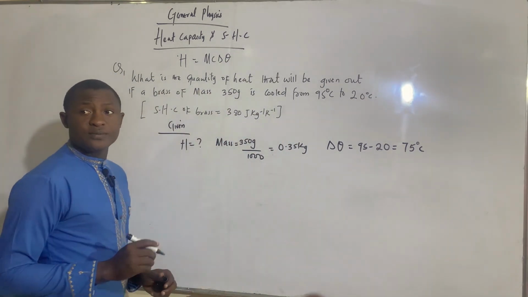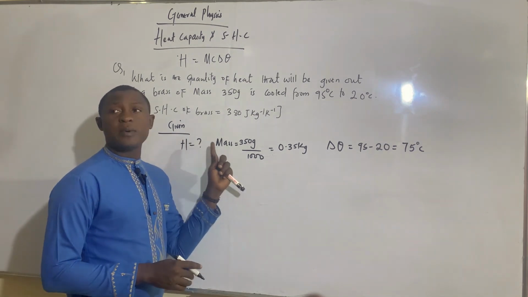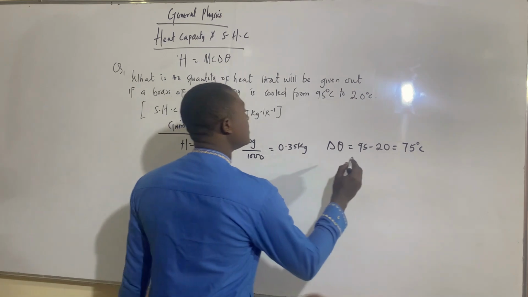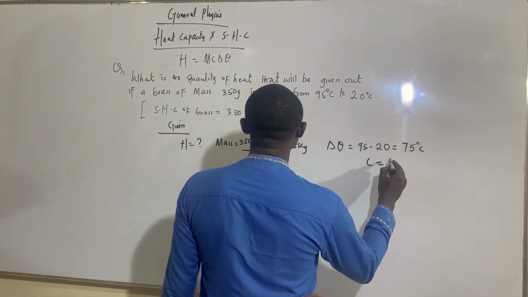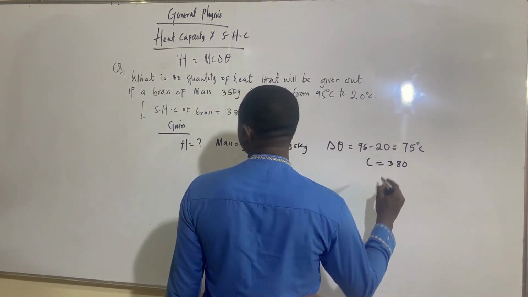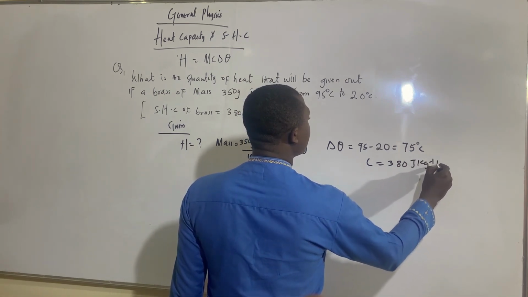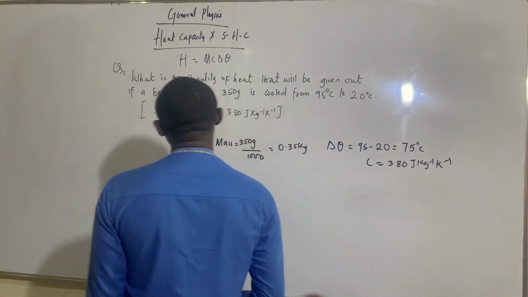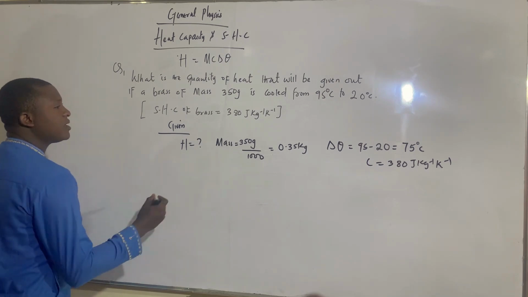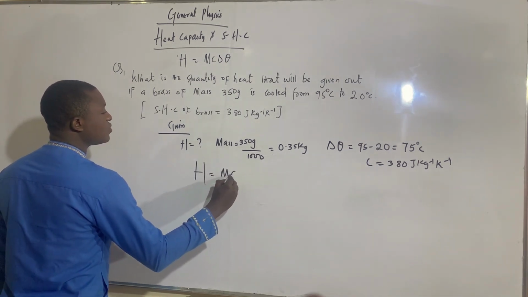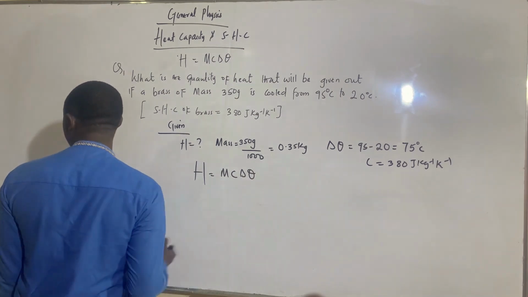Now, taking the specific capacity of this one to be 380, given that our C is equal to 380 joule per kilogram per Kelvin, you can just apply the formula. Using the formula, heat is equal to MC change in theta.